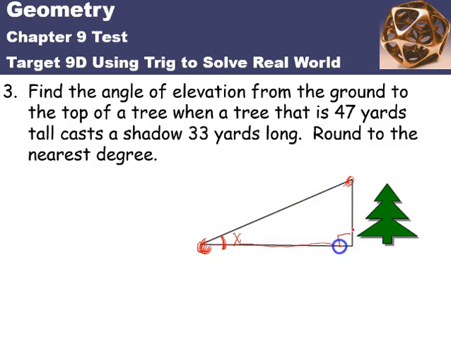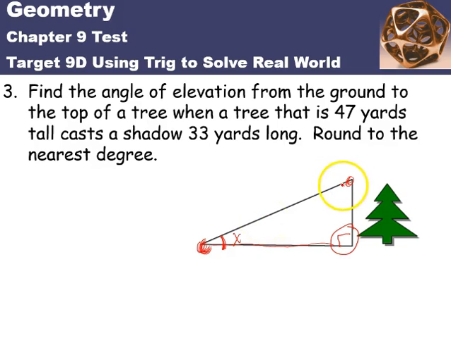Again, when I'm trying to find the missing angle, not side, the first question I ask myself is, can I use the triangle sum theorem? And I cannot. I only know one angle, just this one right here, 90 degrees. I don't know this one, so I can't add them and subtract from 180 to find this one.